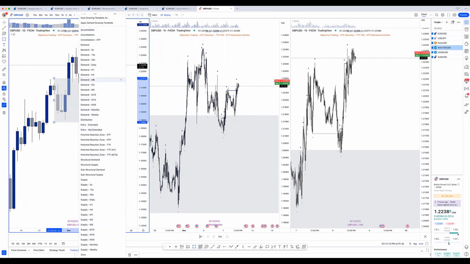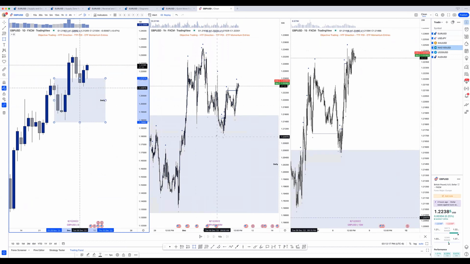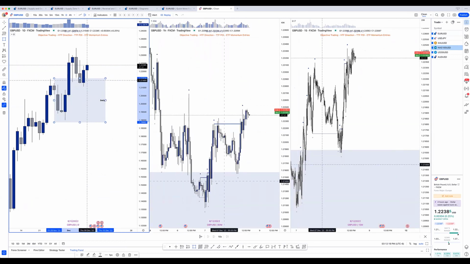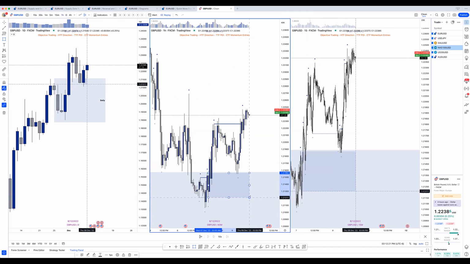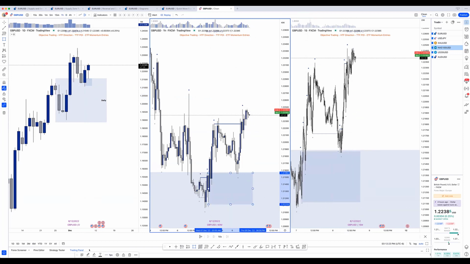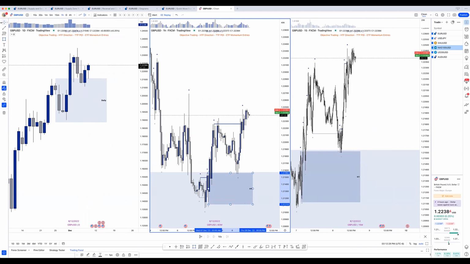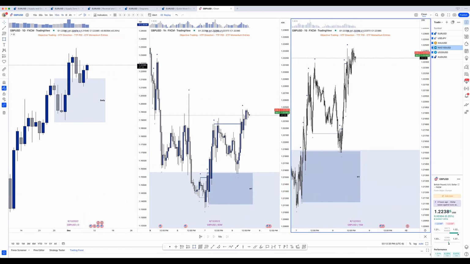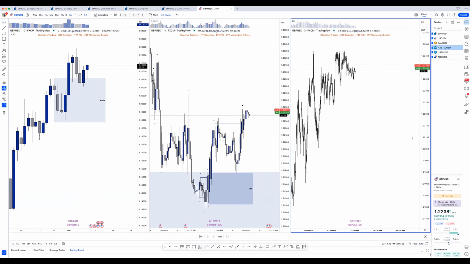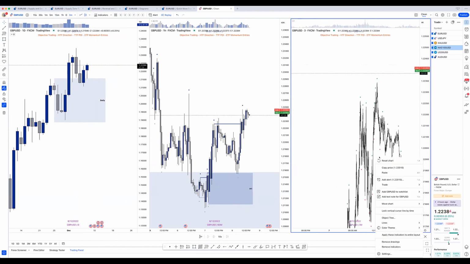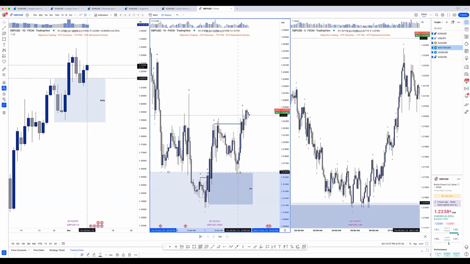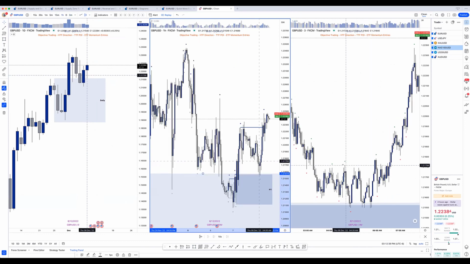Where's my daily demand? Then you come over here on the 1 hour, you get a 1 hour demand zone tap right here. And then over here, we're going to go to the 3-minute and just look at this.